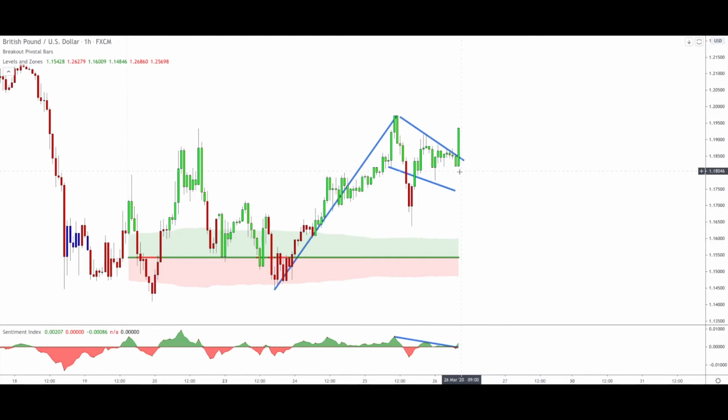As you can see, the price broke above the trend line, our consolidation. Let me draw this better. Okay, it is now this one, but the point is that it broke above the trend line. At the same time, the sentiment index broke above the trend line. This is a pretty predictable setup, because the sentiment index was so compressed.